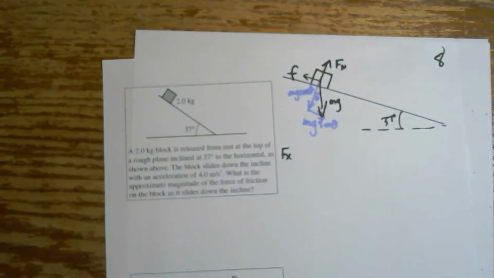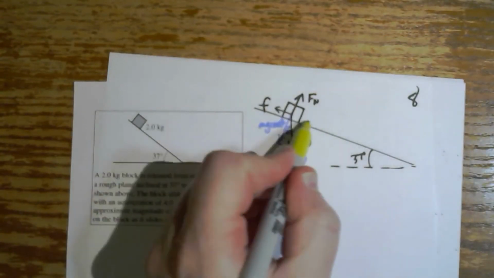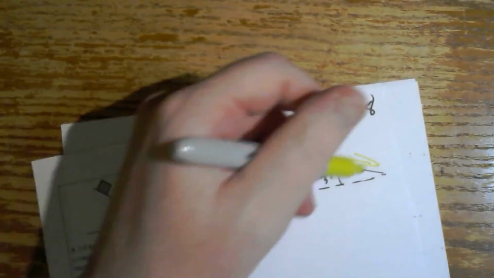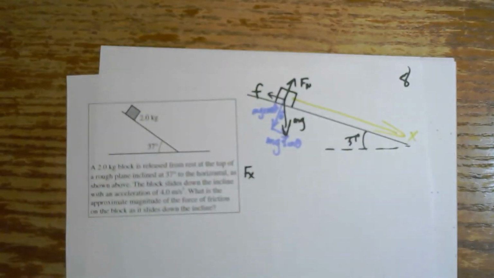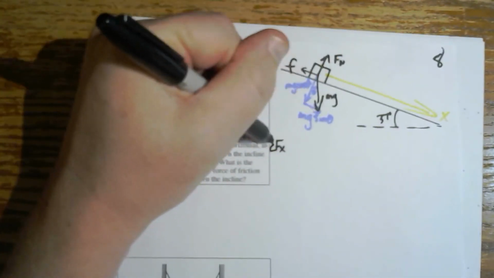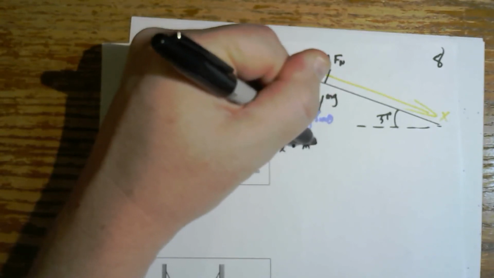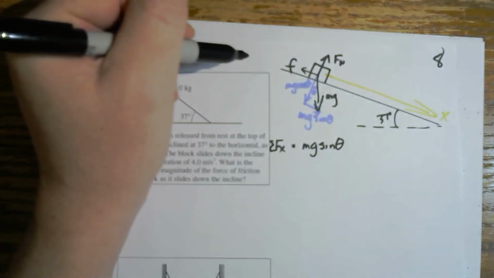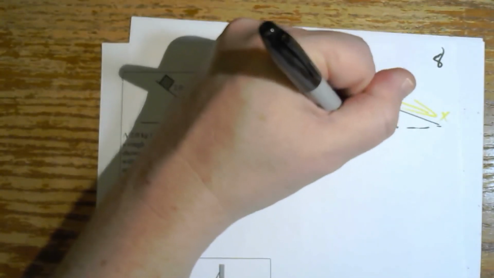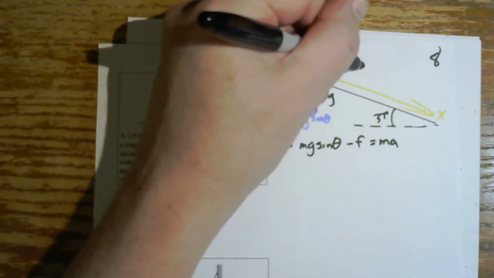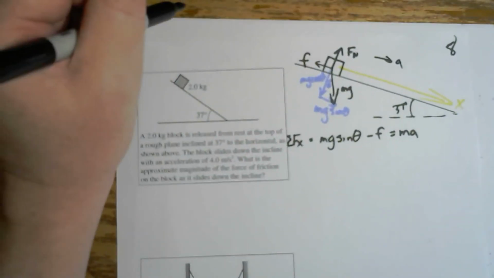Remember, when we do this, the horizontal direction really means the direction it's accelerating, down this hill. So the net force in the x direction is mg sine theta minus the friction, and that has to equal ma, because it's accelerating down the hill.